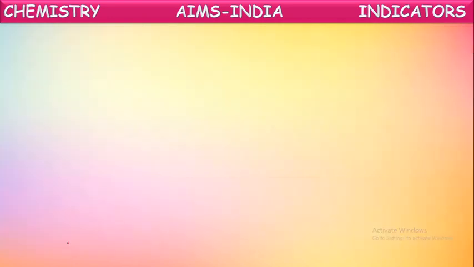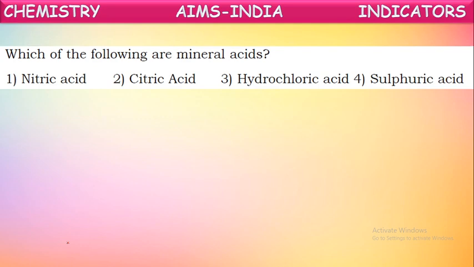Okay, next one. Which of the following are mineral acids? What does it mean, mineral acid? Mineral acid means the acid which is prepared from minerals in the laboratory, also called inorganic acid.